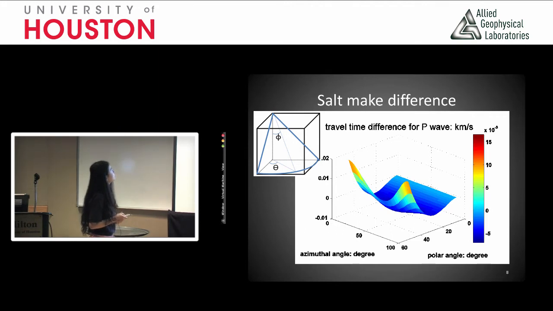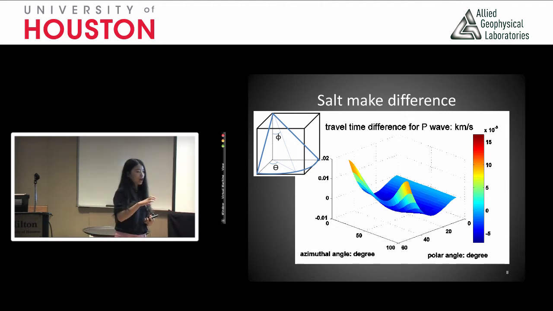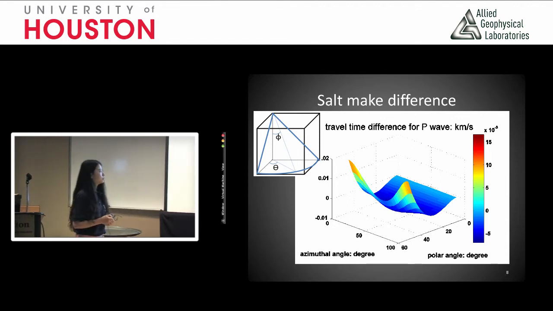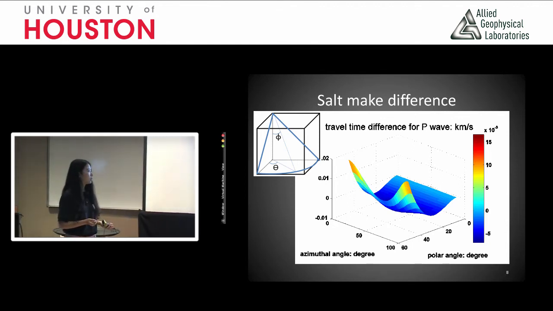The maximum difference we expect is also from halfway between two symmetries, and for 1 kilometer thickness, the one-way P wave travel time difference could be up to 20 milliseconds. We also did other numerical models of shear waves.